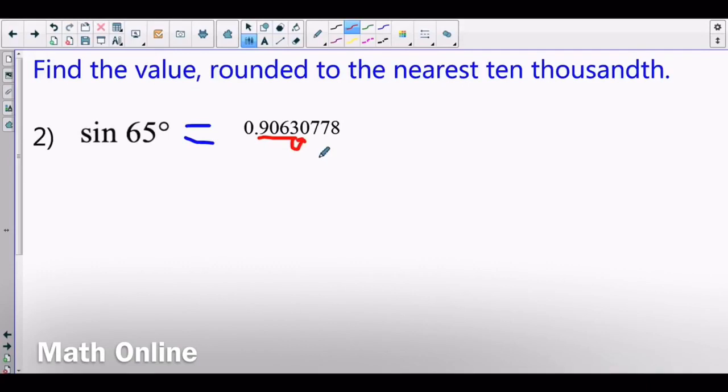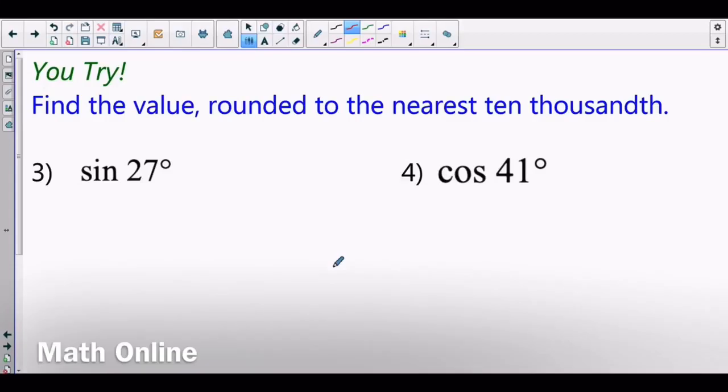In this case, it's not. So therefore, the 10,000's value remains the same, which is that 3 right there. So our answer should be sine of 65 degrees is equal to 0.9063.